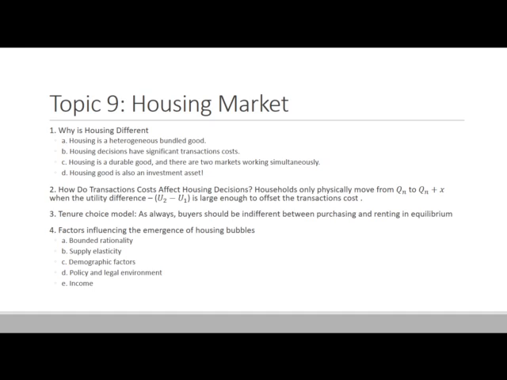And C is the demographic factors. So basically, when you have a larger baby boom, or a larger increase in the population at purchasing age, then you tend to have a higher housing price. And D is the policy and legal environment. For example, I briefly mentioned the non-recourse law in some American states, where the borrowers of a mortgage can walk away from their houses without punishment.